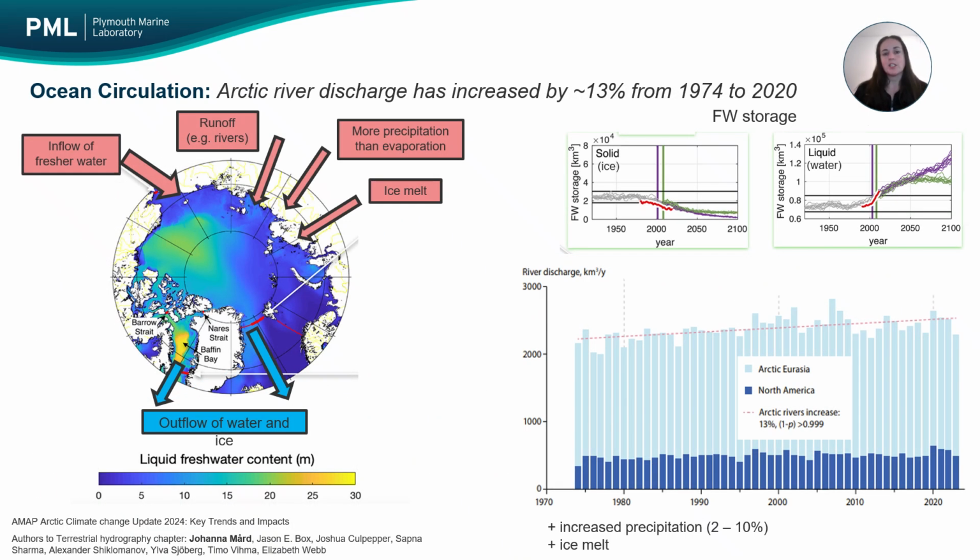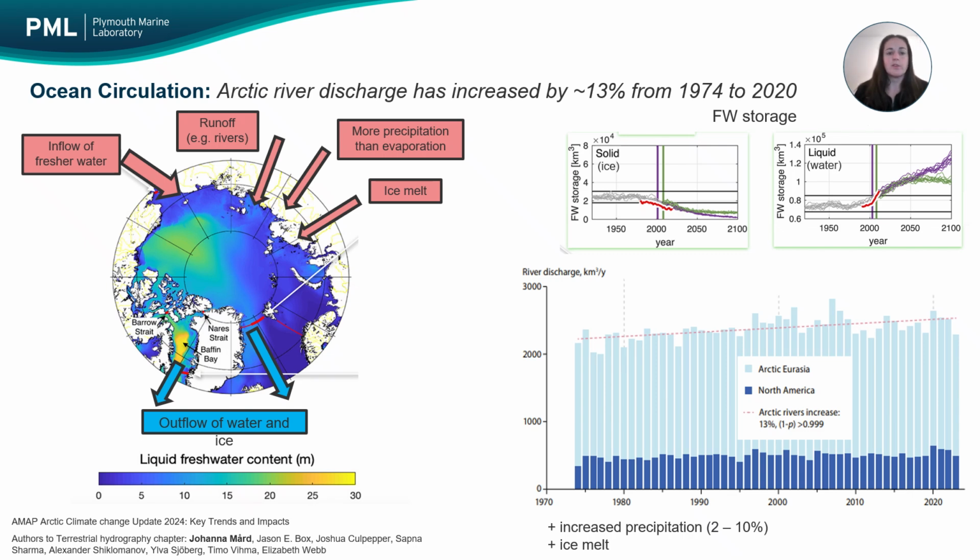So moving on to ocean circulation, I just wanted to highlight that there are lots of changes. In addition to things like the ice melt, which is contributing to sea level rise, it's also really important for thinking about ocean circulation. We've seen ice loss, but we're also seeing Arctic river discharge increasing by about 13% over that same time period.